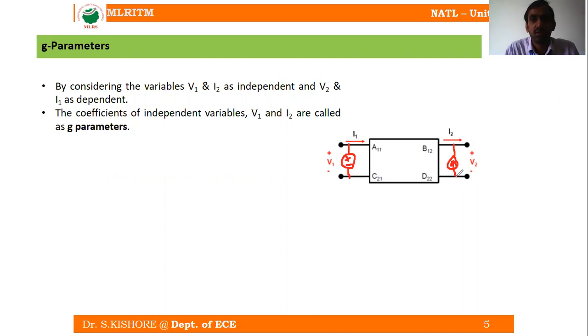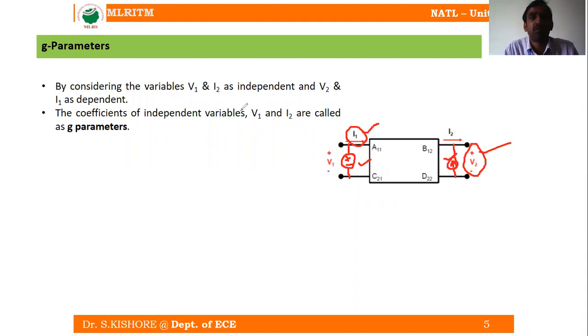Then the dependent variables are where you obtain the expressions: you measure the current at this point and the voltage at this point. So at one port you give the voltage as the input, at the other port you give the current as the input, and you measure the current here and the voltage here.